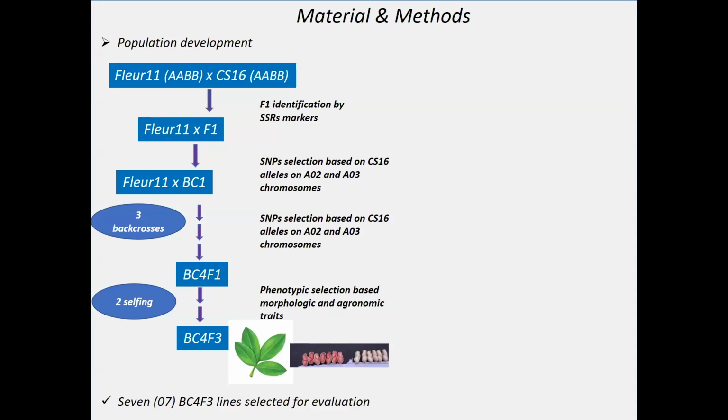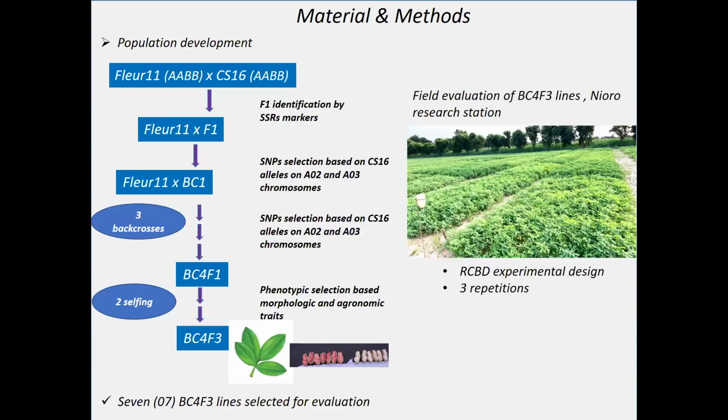We did it to select the lines most similar to Fleur 11, because we didn't apply genotypic selection for the Fleur 11 genome background. At the end, we got 7 BC4F lines, which we evaluated during 2 years at the Nioro Research Station for disease resistance and also for agronomic performance.